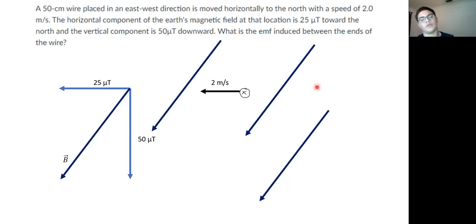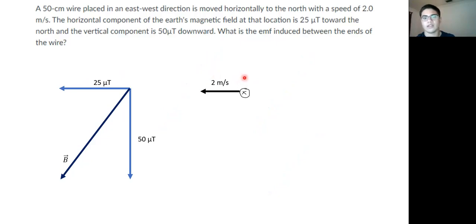But we have to be mindful, because as we know, if this wire is moving in the direction of a magnetic field, meaning that it is parallel with that magnetic field, nothing is going to actually affect it. The magnetic field is not going to have any type of effect if this wire is moving in a direction that is parallel to the magnetic field itself.